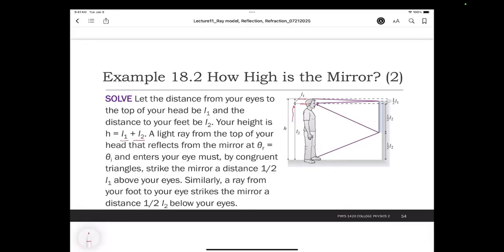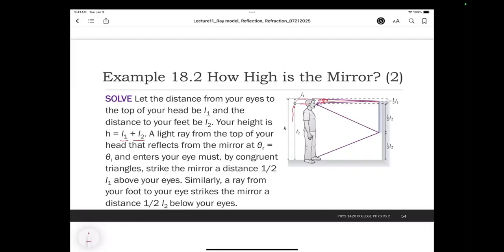A light ray from the top of your head reflects from the mirror at angle theta r. This is theta r, and these two angles should be the same.